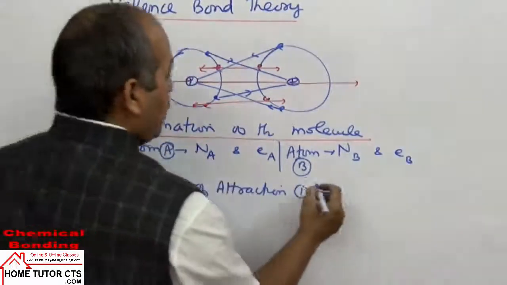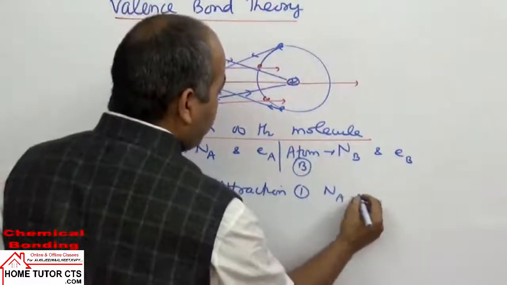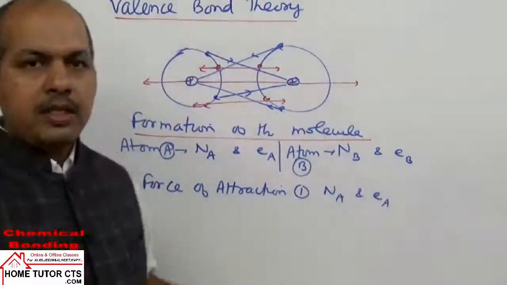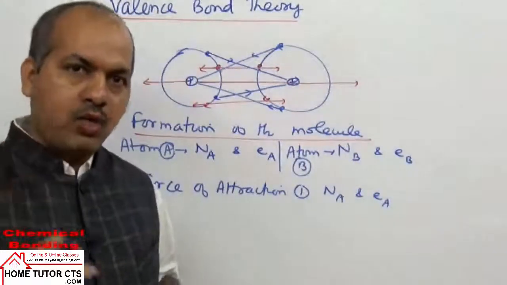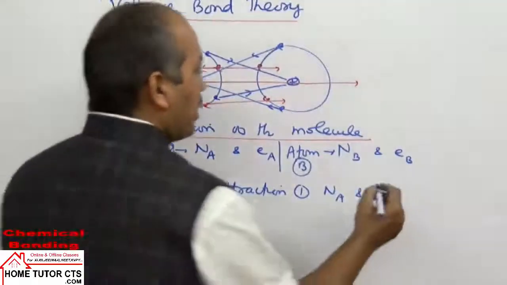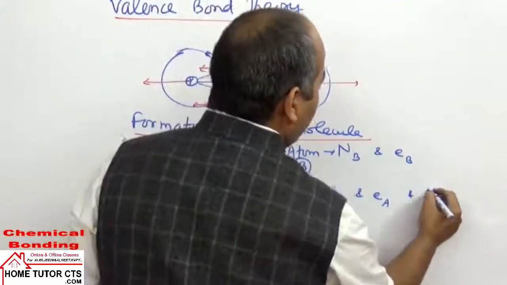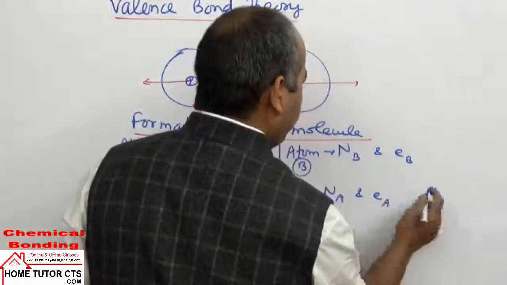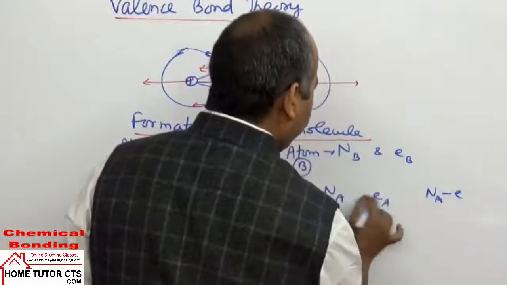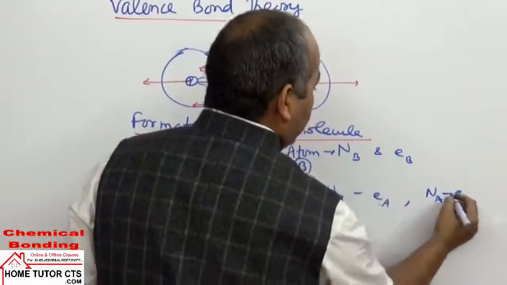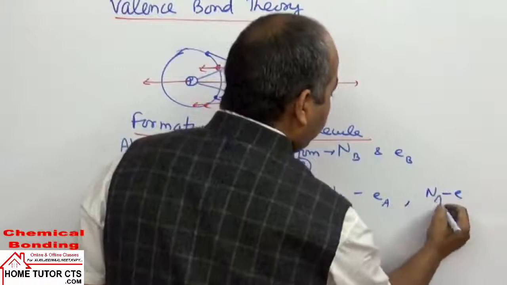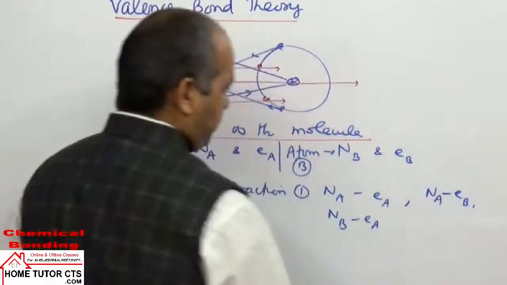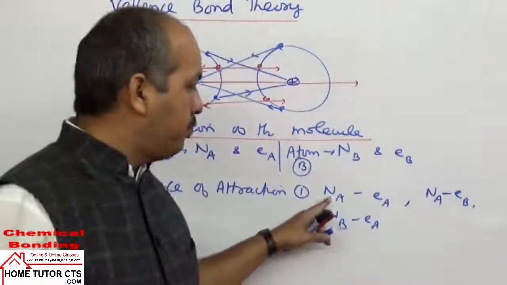It can be the nucleus of atom A and the electrons of atom A. The nucleus of the same atom will attract its own electron. At the same time, attraction can take place between nucleus of A and electrons of B, and nucleus of B and electrons of A. So these can be taken as attractive forces.